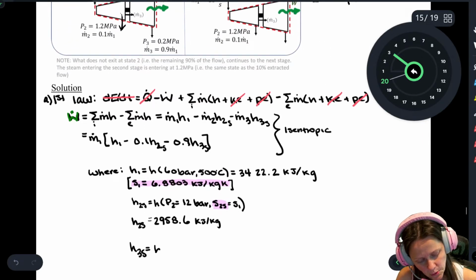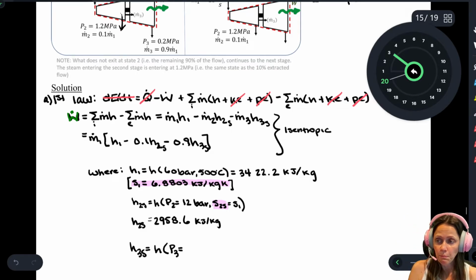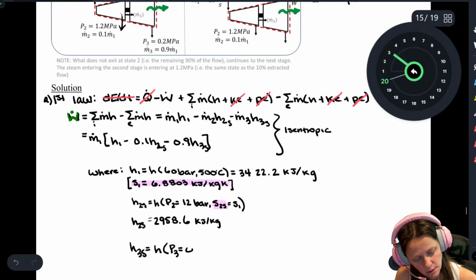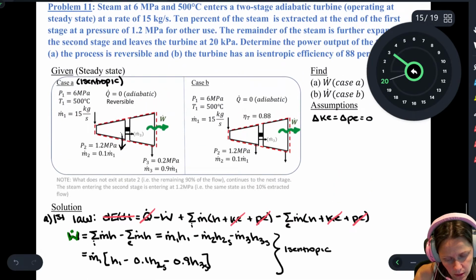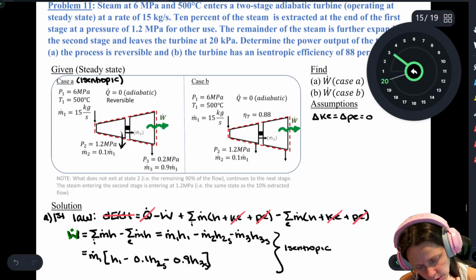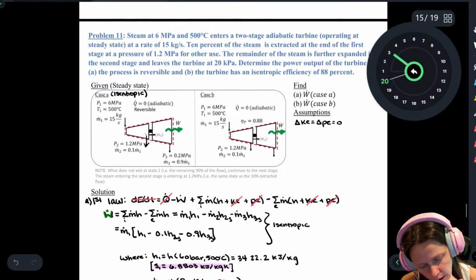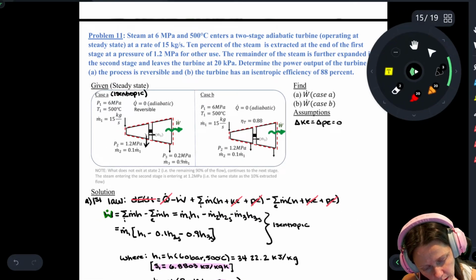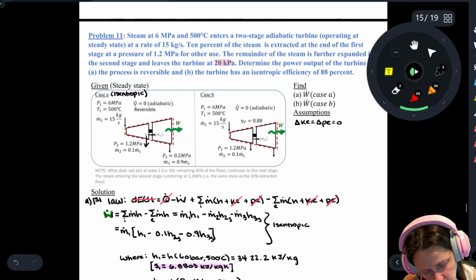Let's look at the properties there. So our properties, we've got a pressure P3 of 0.2 megapascals, which is 2 bar. Actually, I'm sorry, I think I've got a typo here, because it leaves it at 20 kilopascals.